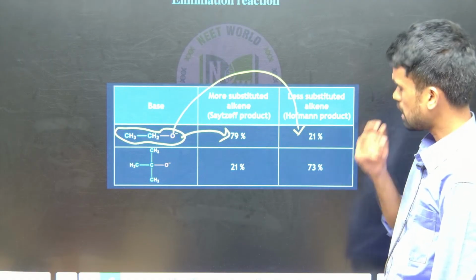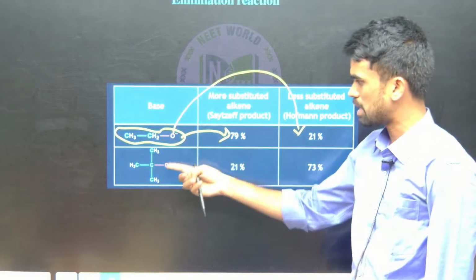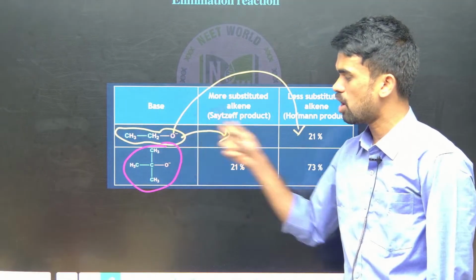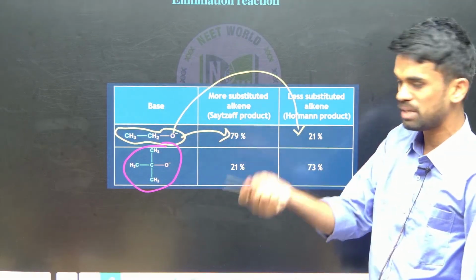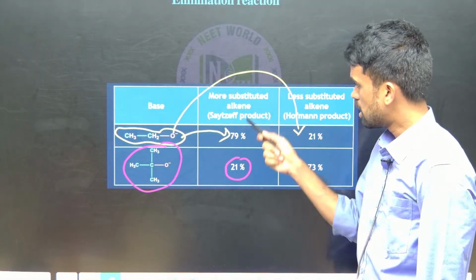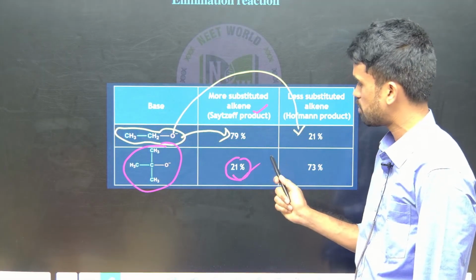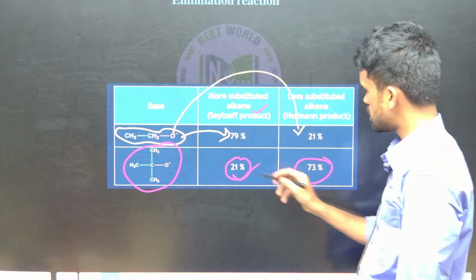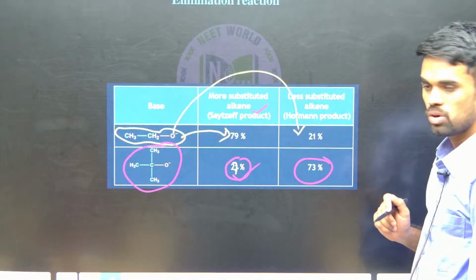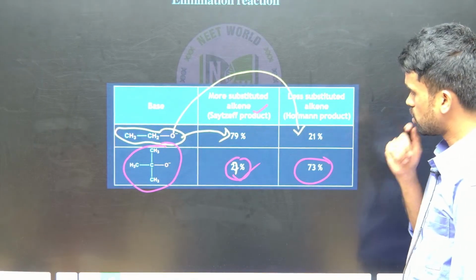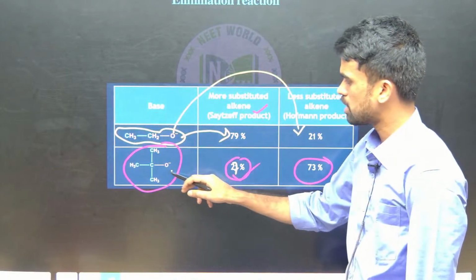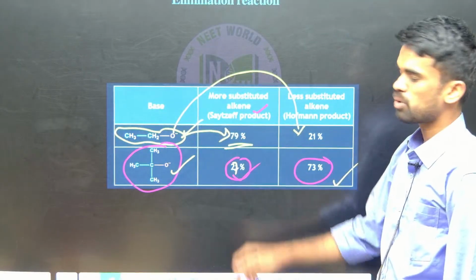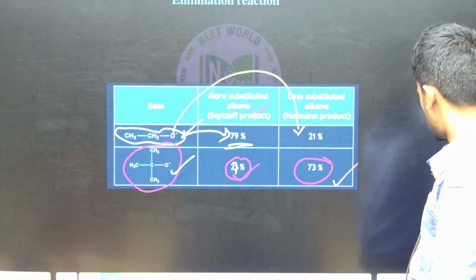But if I change this base to the bulky base, it is harder to remove a proton from inside, that's why the internal alkene, that is the more substituted alkene, is formed just 27%, whereas terminal is around 73%. Do you see the difference? Whenever it is a bulkier base, Hofmann product is formed as major. Whenever it is a smaller base, internal product is formed as major, that's it, okay.